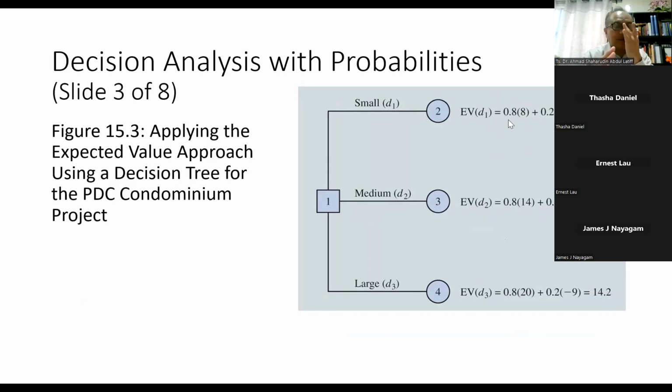The method is just like any weighted average. You multiply 0.8, the probability of strong demand, times 8, plus the probability of weak demand, 0.2, times 7, and you get 7.8. The medium is 12.2, and the large is 14.2.